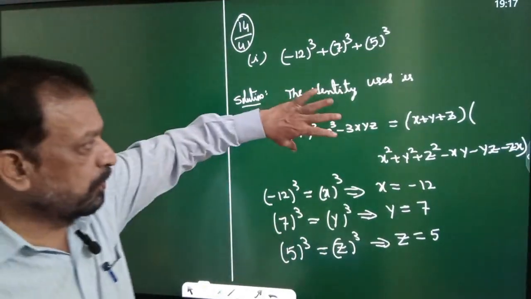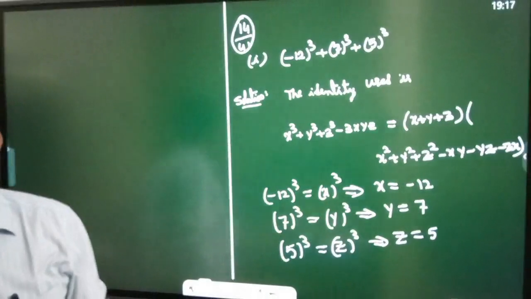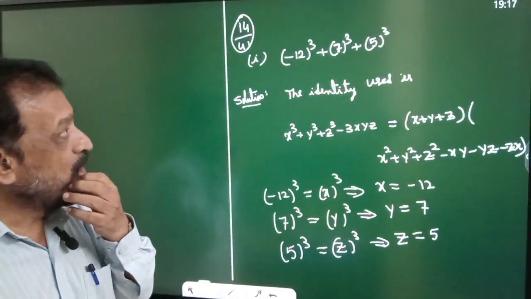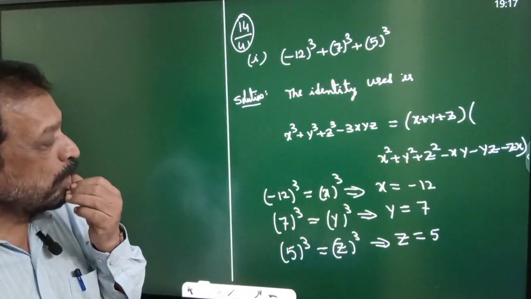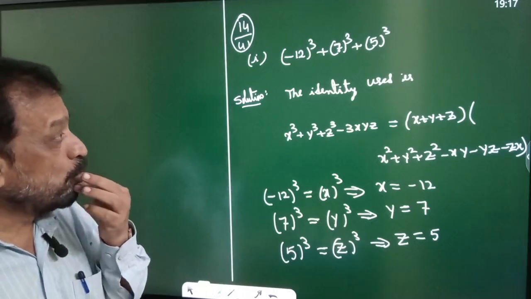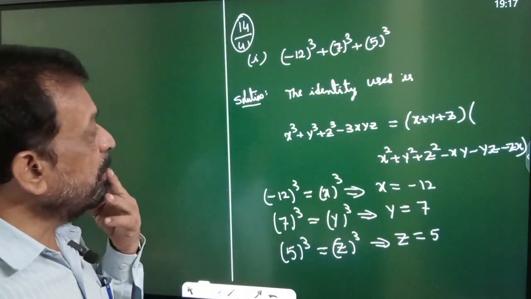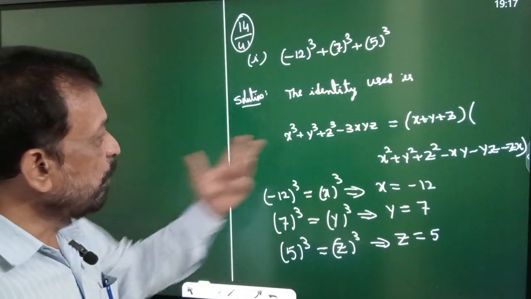No need of anything, left side or right side. I'll take the left side and find the value. They are asking you to find the value of this one, only this one.